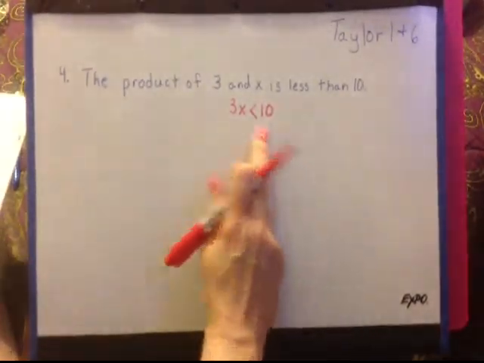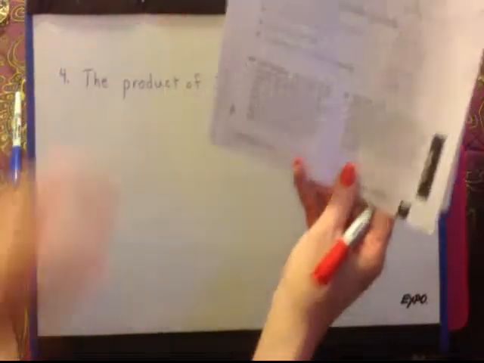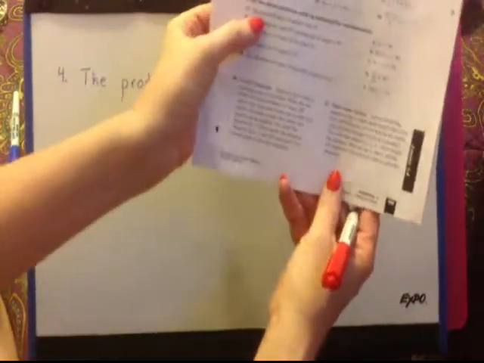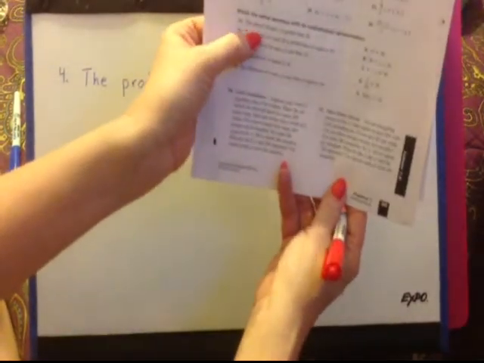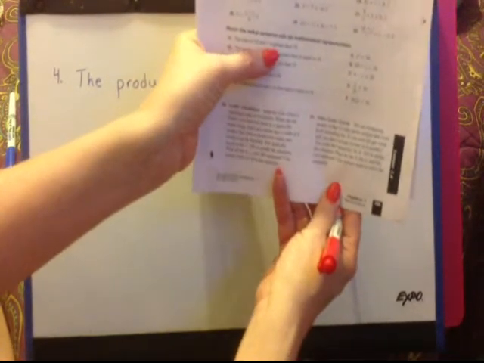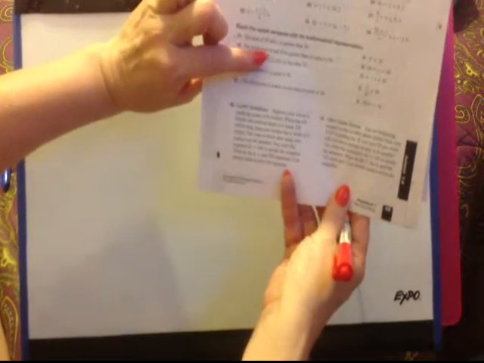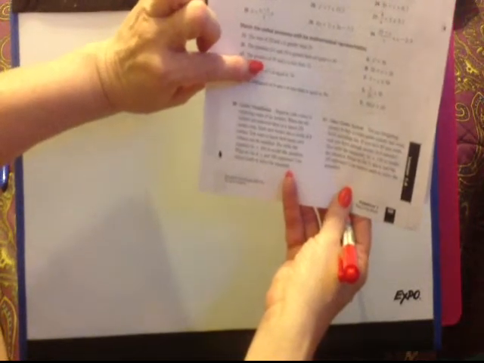Now, if we were asked to solve, we would divide, and there's some other things, but right now we're not asked to do that. So I want to read through these with you. The sum of 20 and x is greater than 30. Sum is answer from addition. Quotient of x and 20 means division.